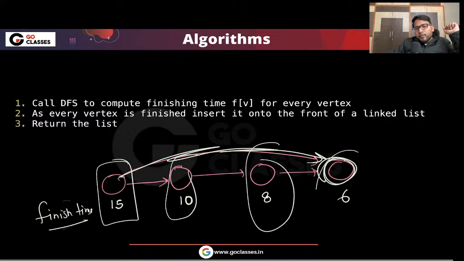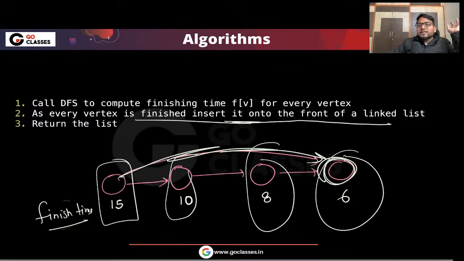So if I want to find out the topological sort, at every vertex finish, insert it in the front of the linked list. The highest finish time is the first node in topological sort.